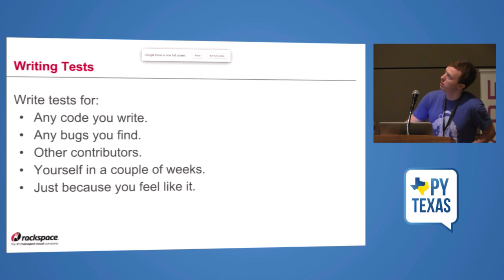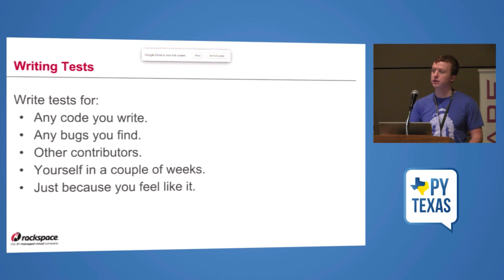So a few points about writing tests. Basically write it for everything that you can. If you have any uncertainty about the code in your project, you should be writing a unit test to cover it. Now, I'm not saying that your unit tests are going to be perfect or catch everything.